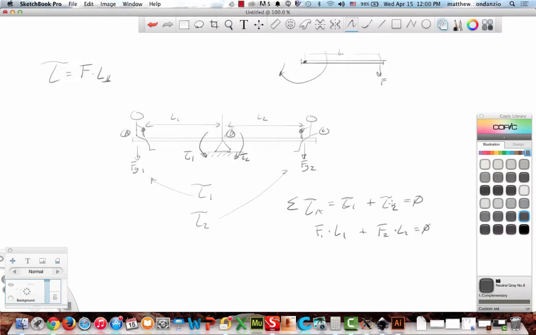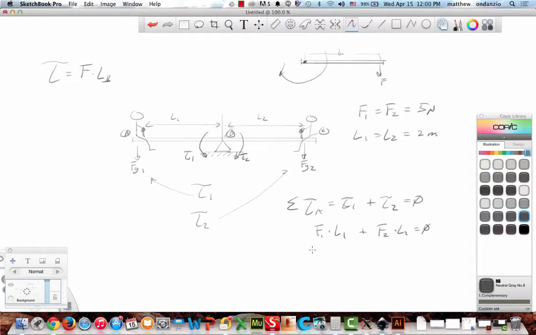Okay. Let's assume for the moment that F1 equals F2 and they all equal 5 newtons. Let's also assume that L1 equals L2 and it equals 2 meters. Does that make sense? And now let's apply the signs. So force 1, what direction is force 1 going? Down.